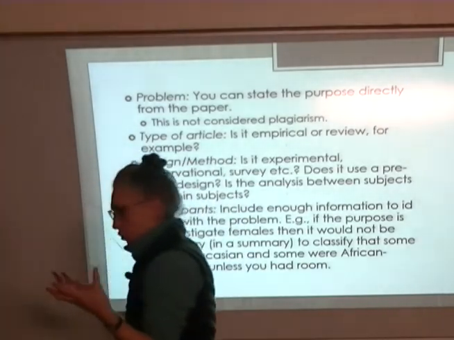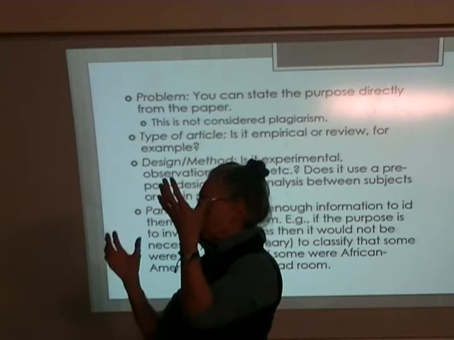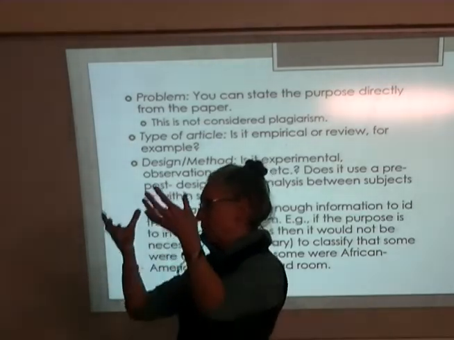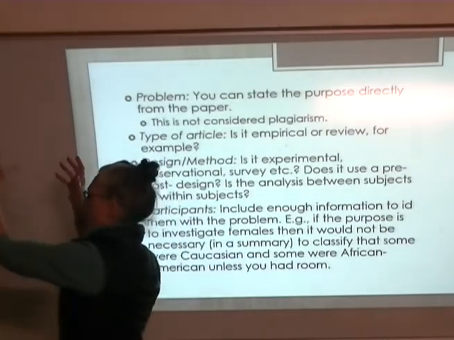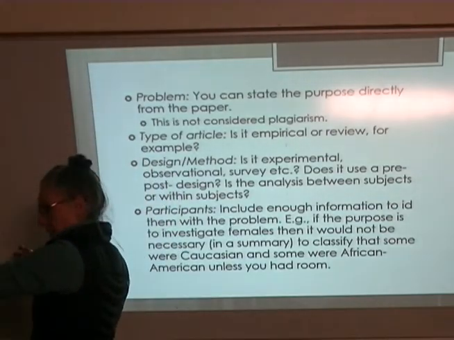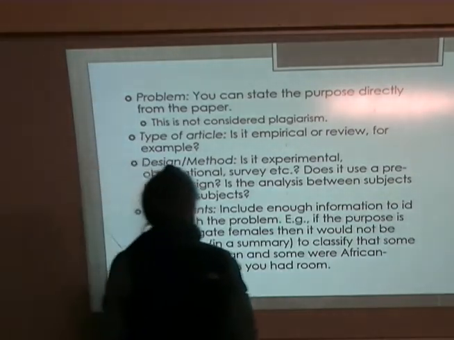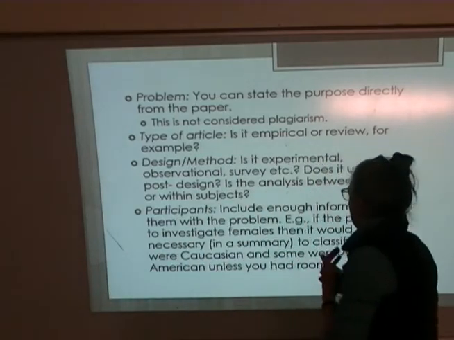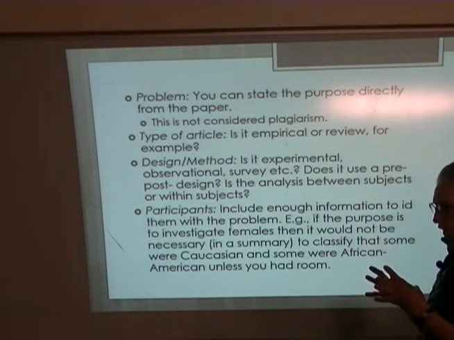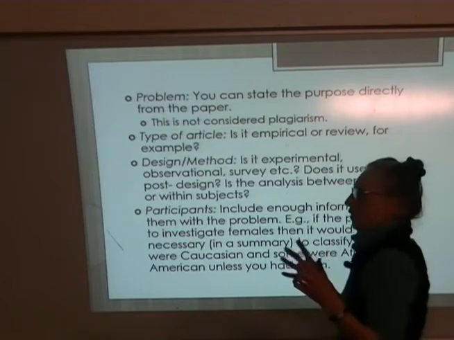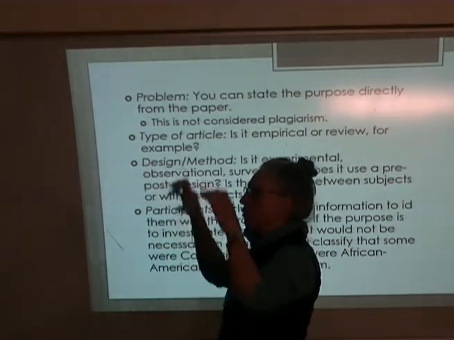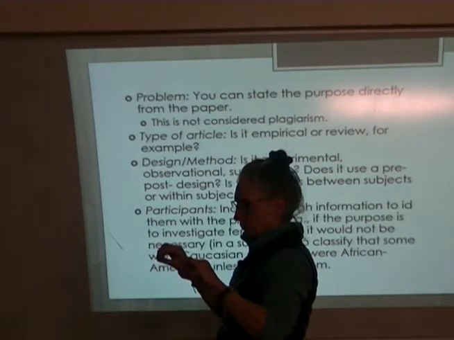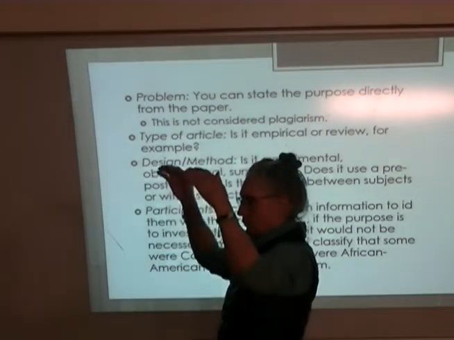Doesn't matter what we're measuring, all right? So we measure Group A and Group B at the beginning. We do whatever we're going to do with them. And then we measure Group A and Group B again at the end, okay? If it's between subjects, then they will compare Group A to Group B, right?